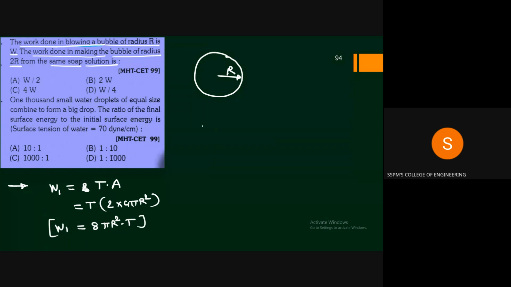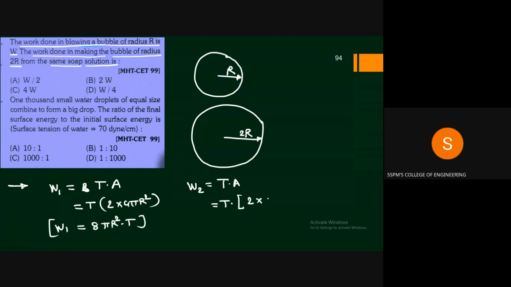Now from the same soap solution, if you want to form a soap bubble that has the radius double of the initial bubble, so it is 2r. The new work done W2, again we can write by the same formula, T into area. T is same, just area will change. So 2 into 4 pi, now here radius is 2r.